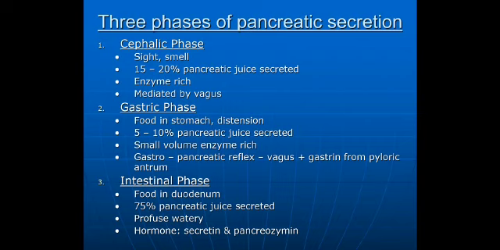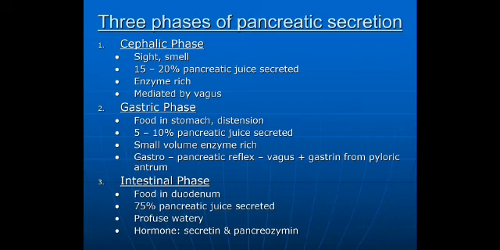This causes secretion of enzymes. Acidic contents from the stomach on reaching the intestine cause secretion of bicarbonate rich pancreatic juice. So the cephalic phase amounts to 15 to 20%. It is enzyme rich, mediated by vagus.